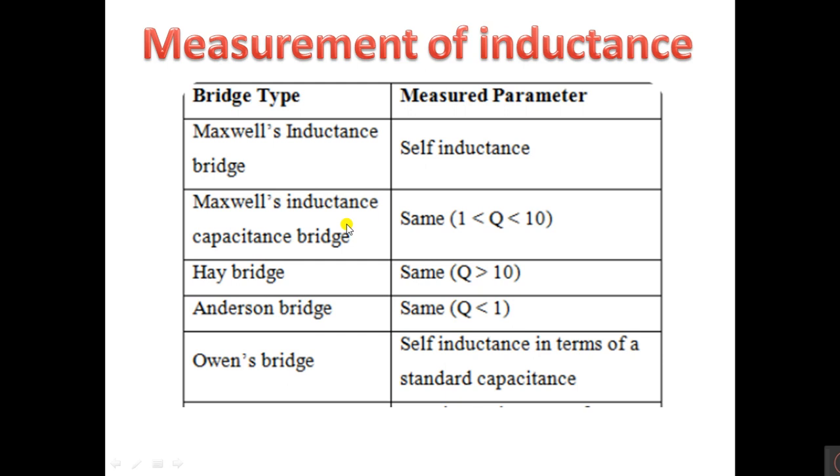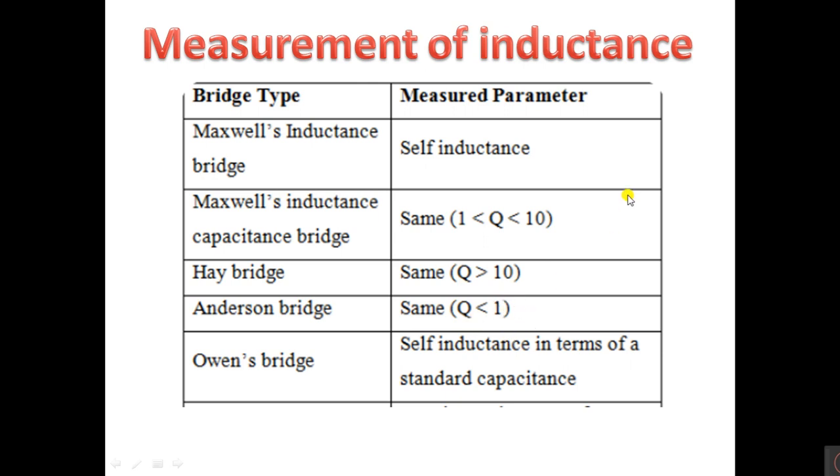The Maxwell inductance capacitance bridge measures the same self inductance, but for a Q value in the range of 1 to 10. For the Hay bridge, the range of QL is greater than 10. For the Anderson bridge, the value of Q should be less than 1.